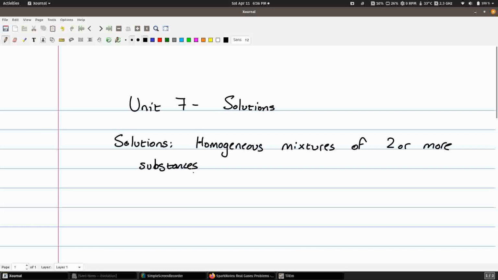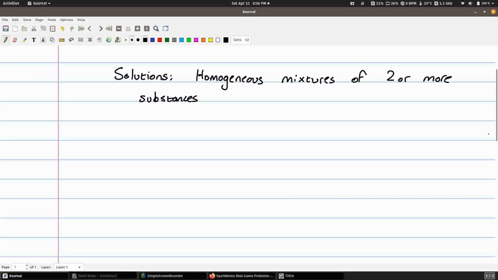We've already gone over this part, but I'm going to do it again. This was in Unit 1, I think. So in a solution, you have two components. You have your solute and you have your solvent.